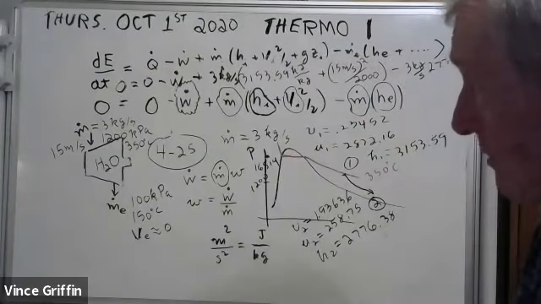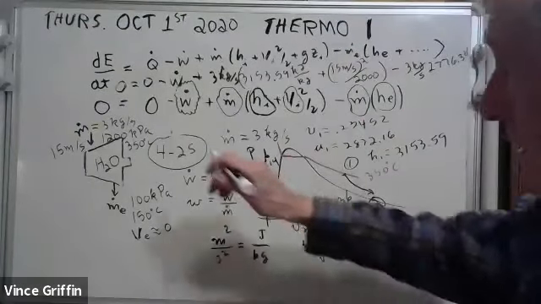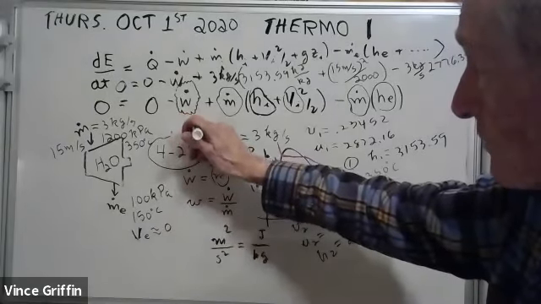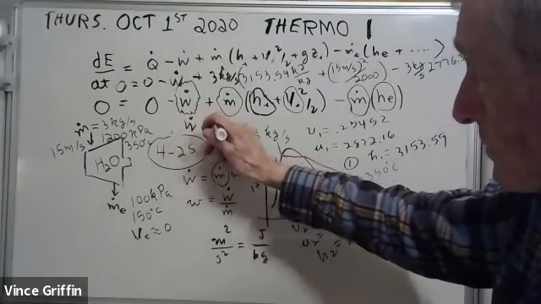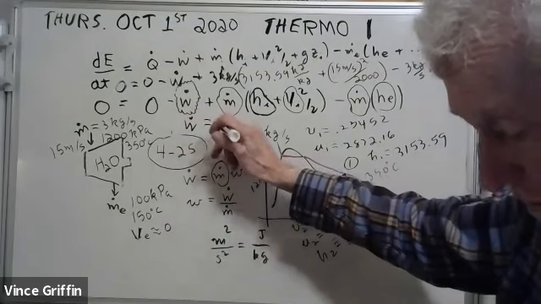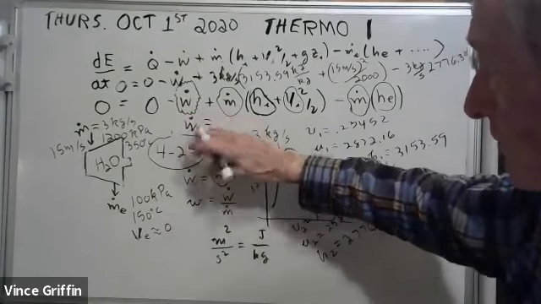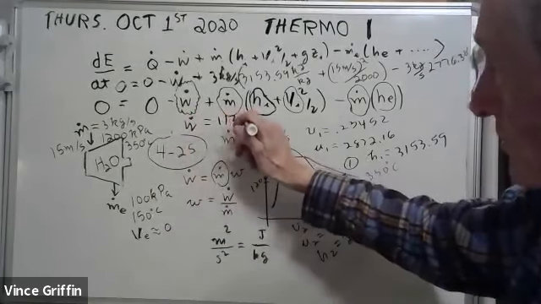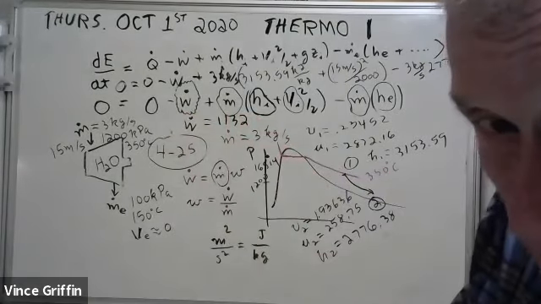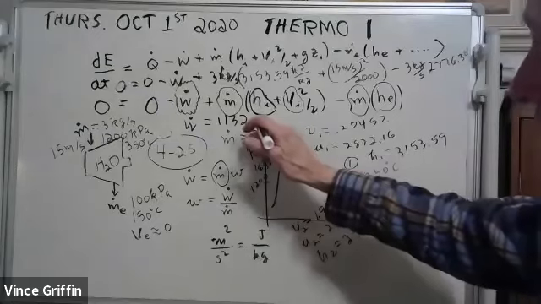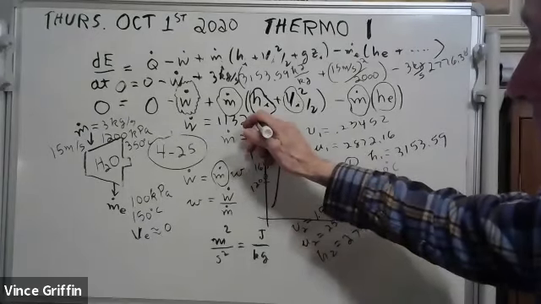Okay, now let's see. Oh, I did this. And I got a value for the power equal to, round it off, 1132. Did anybody get 1132? Yes. Now, I think what that is a megajoule.